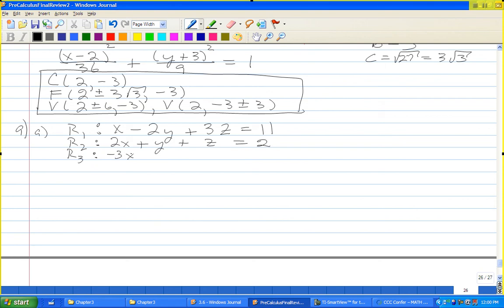Negative 3x plus 2y minus 2z equals negative 14.